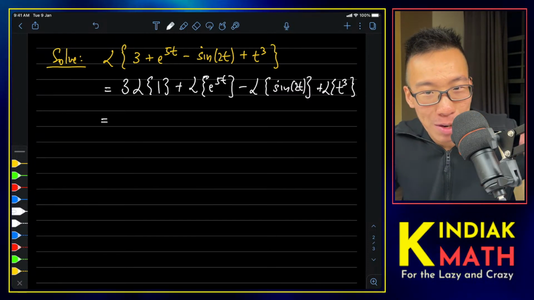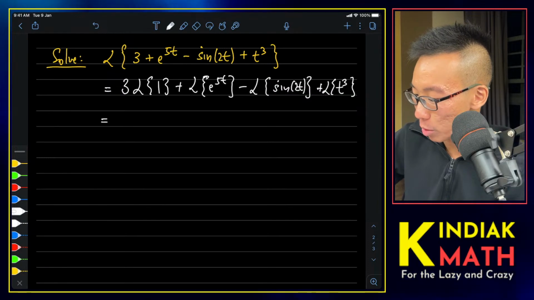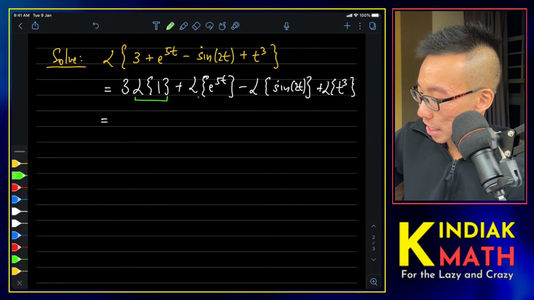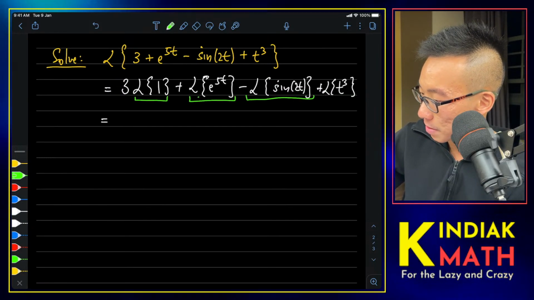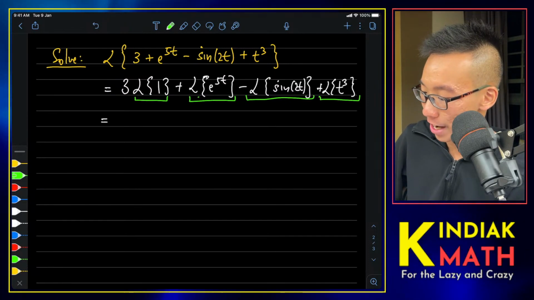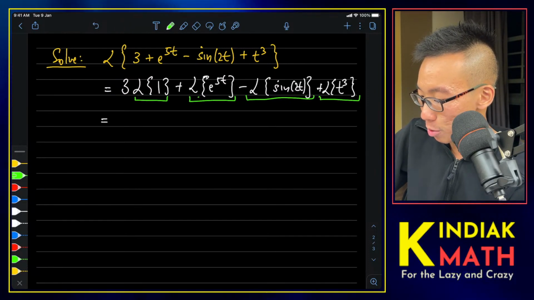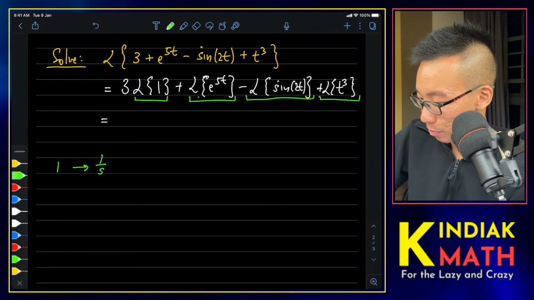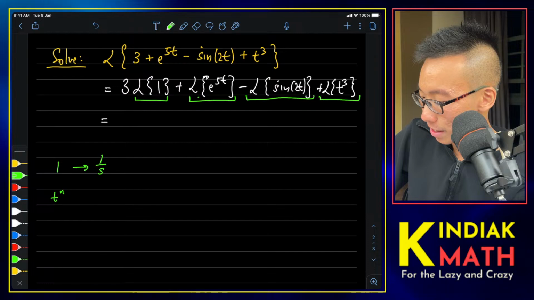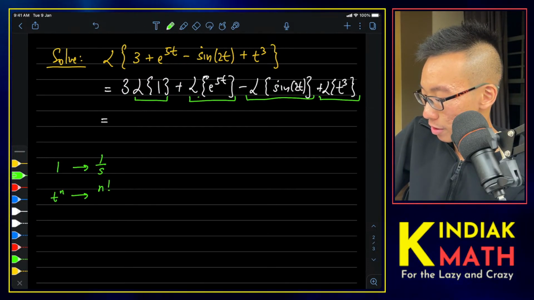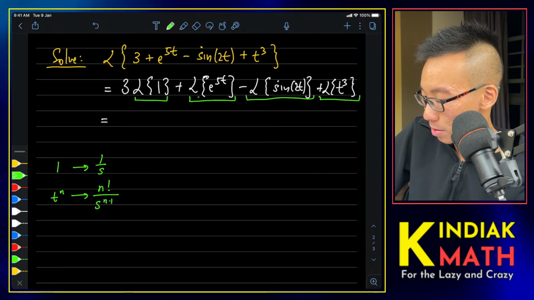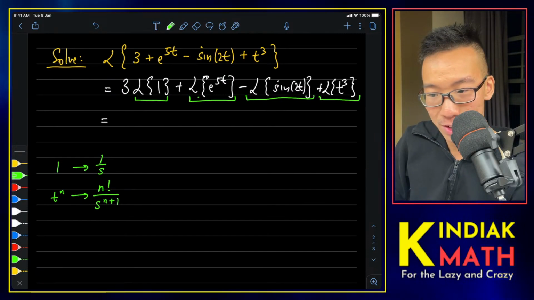And now, just like what our axolotl friend has indicated, we are going to use a table of values to calculate these. If my memory serves me correctly, the function 1 has the Laplace transform of 1 over s. t to the n is given by n factorial over s to the n plus 1. I believe this works.